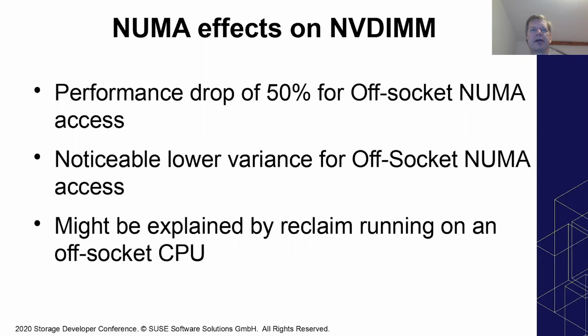So they can run on any CPU in the entire system. It depends on the OS scheduler on which CPU the reclaim worker is getting to run. If that reclaim worker is running on the on-socket CPU, then everything's fine. We get a high performance. If it's running on the off-socket CPU, the reclaim itself will have a bad performance, which then drags down the entire system.